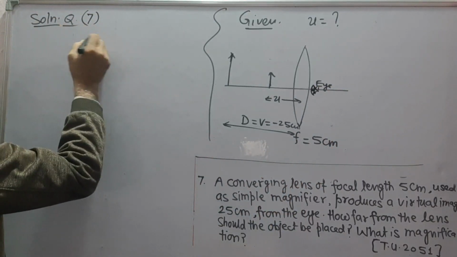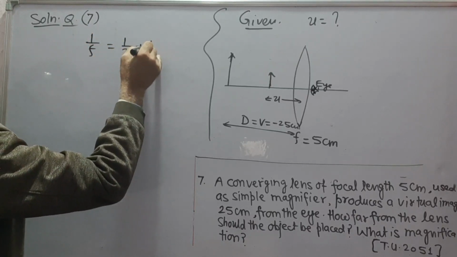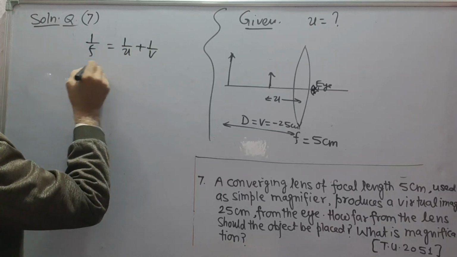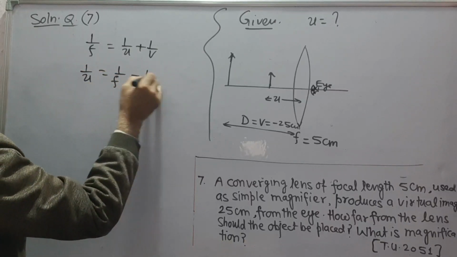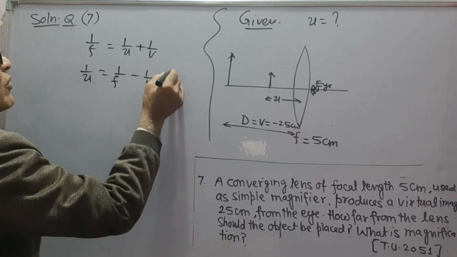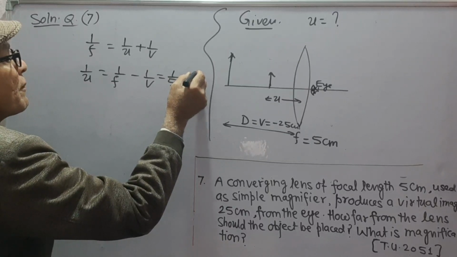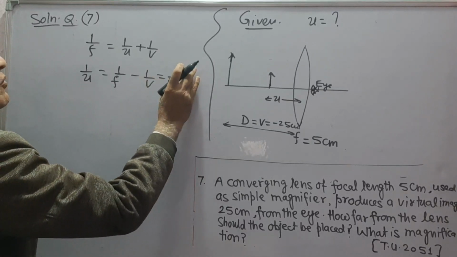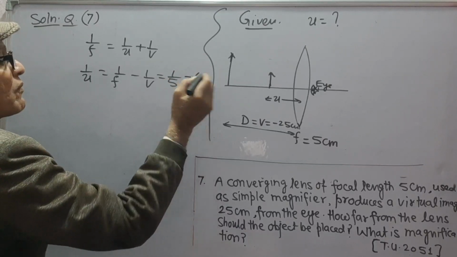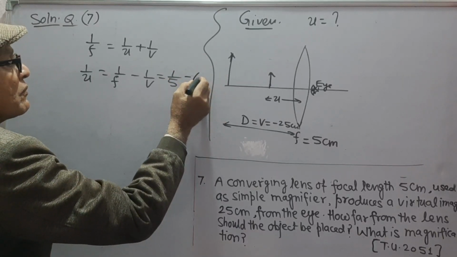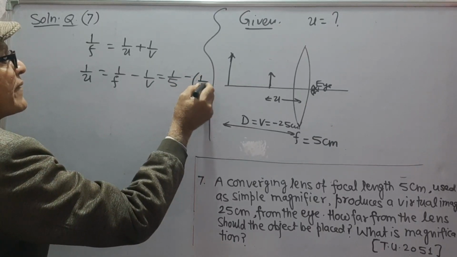Now 1 upon f is equal to 1 upon u plus 1 upon v gives 1 upon u as 1 upon f minus 1 upon v, which is 1 upon 5 minus (minus 1 upon 25).